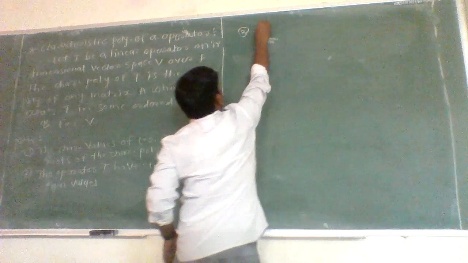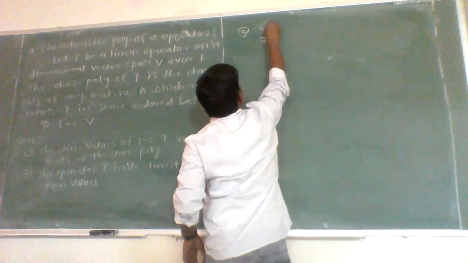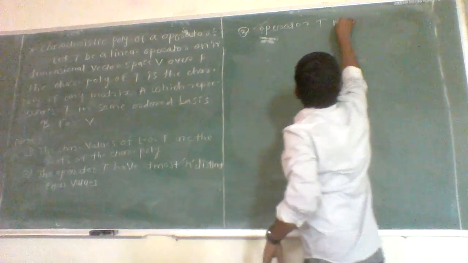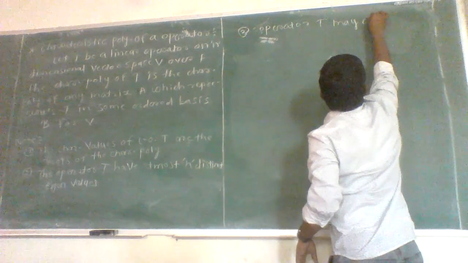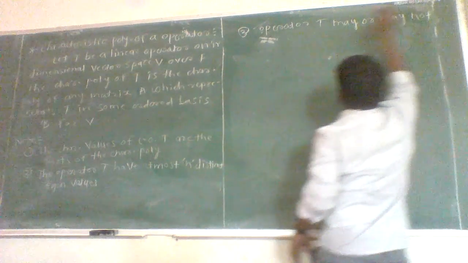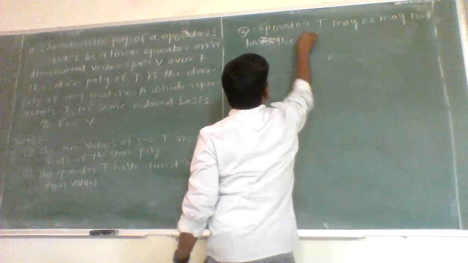Third one is the operator T may or may not have characteristic values.